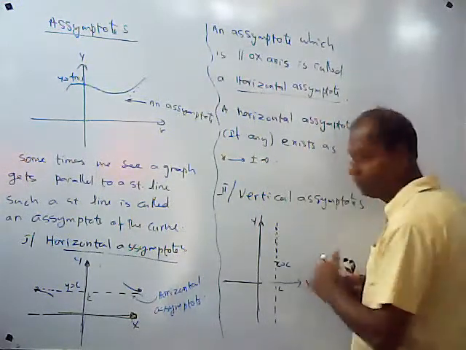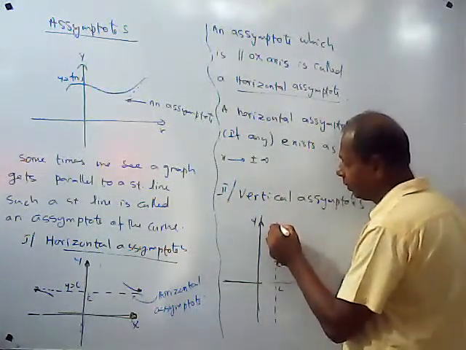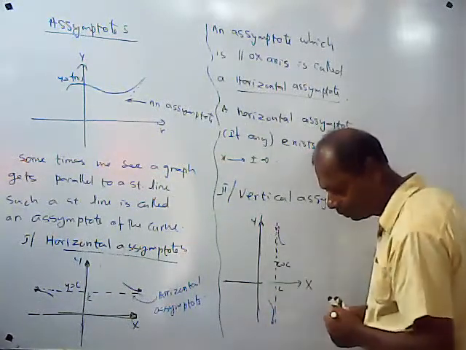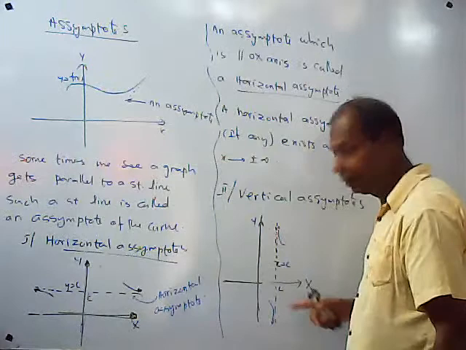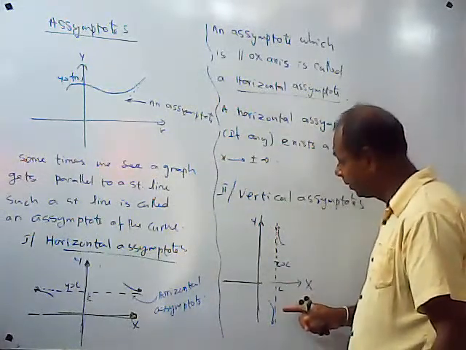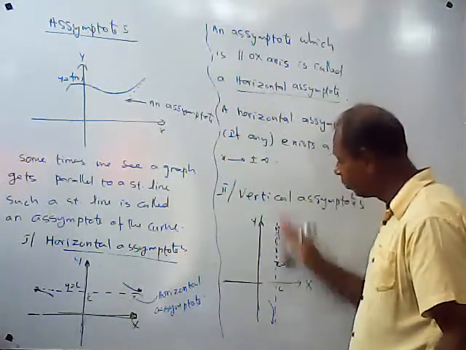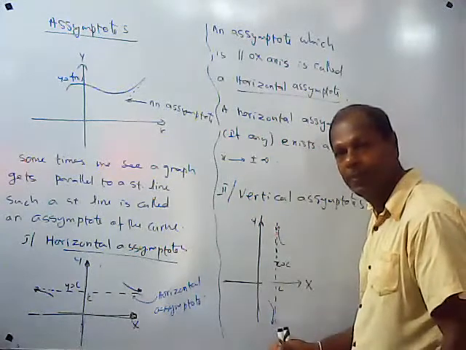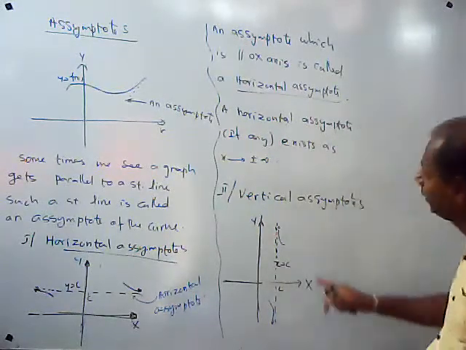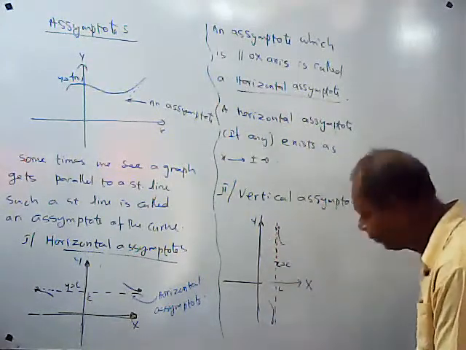That means the curve is getting parallel to this, so that can happen either this way or maybe this way. So anyway, for a vertical asymptote, y should go to positive infinity or negative infinity, right?